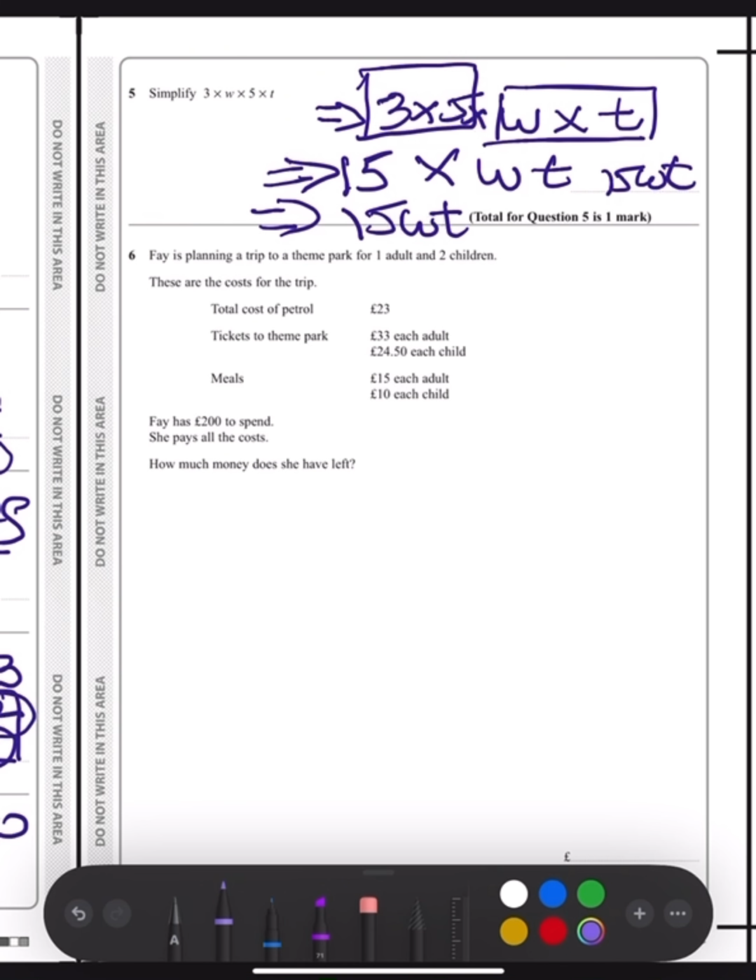We would simply attach them, as it would be super confusing to multiply it into WT as there is no multiplication to be done. Whenever you're multiplying a number with a letter, it would simply be them being attached together, 15WT. And that's how you would earn a mark. This is done in the simplest way possible, but even if you simply write 15WT, or if you write 5 into 3W into T and then do these whole steps as well, that's completely fine. You can earn a mark in both ways.